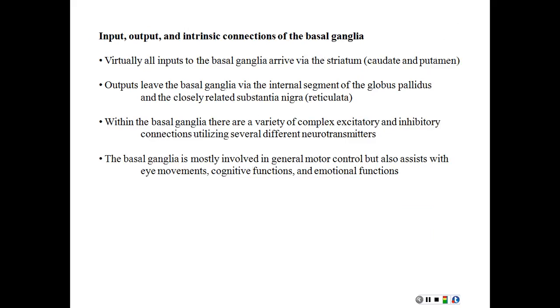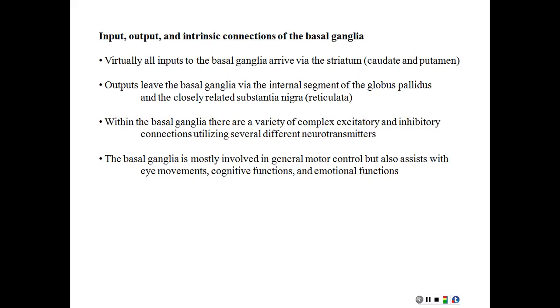So when we actually think about what the basal ganglia is doing, how would it be influencing motor activity? Virtually all the inputs to the basal ganglia are arriving via the caudate and putamen. The inputs are going to structures like the globus pallidus and the substantia nigra, and we're going to see how there's this complex excitatory inhibitory connections going on.